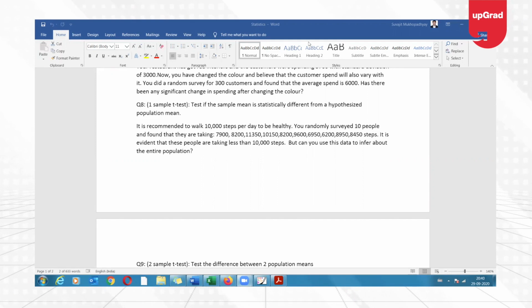Now, one thing which you need to remember is that these are randomly surveyed 10 people, which means it cannot be biased. You cannot say, okay, I am going to pick this person, this person, this person. I know that they are taking 10,000 steps or less than 10,000 steps. I speak to them, I form my hypothesis, I do the testing, and I give a result. No, because they are not randomly surveyed.